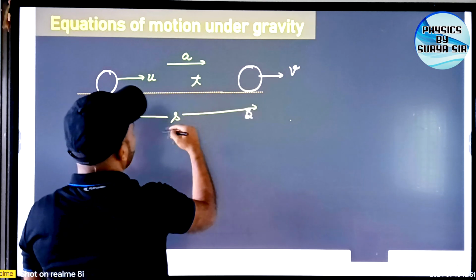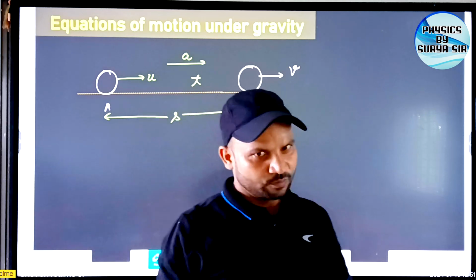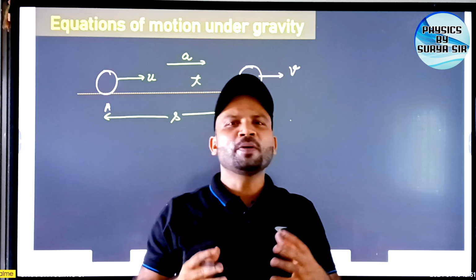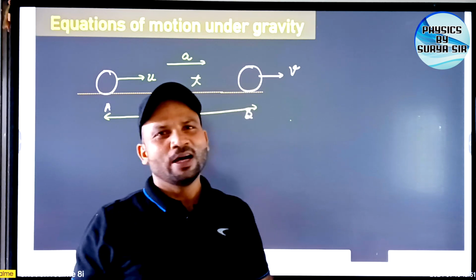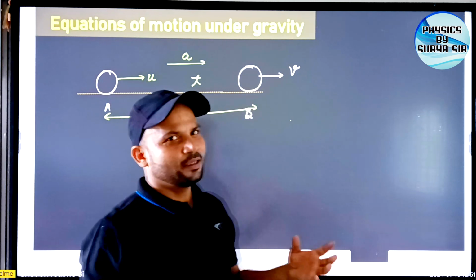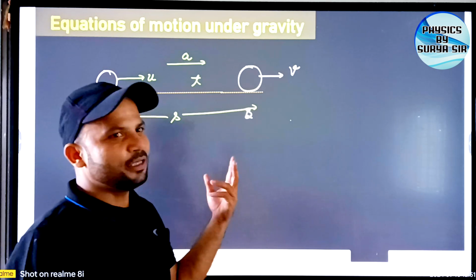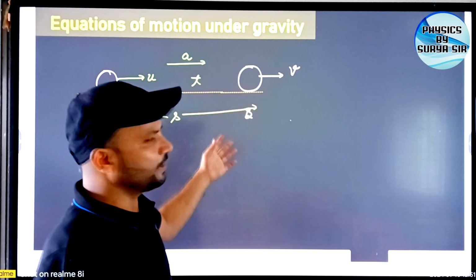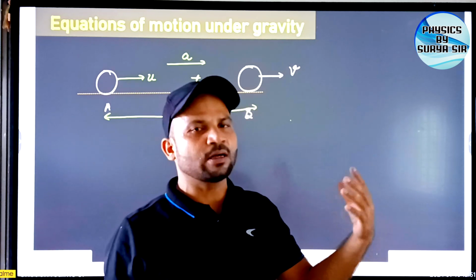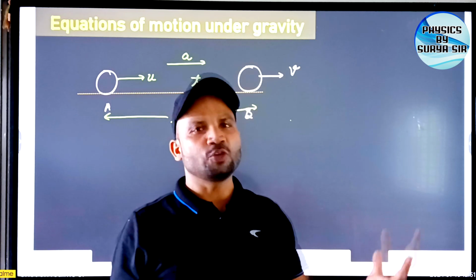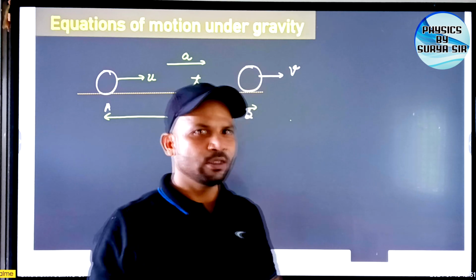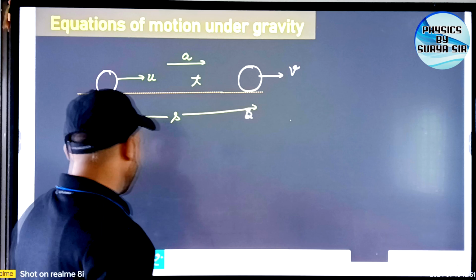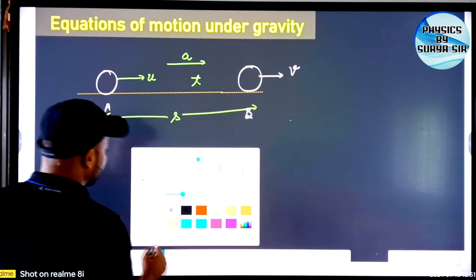acceleration, time, and displacement. So with proper experiments and proper derivations, we have established the 3 important equations, relations between these 5 parameters, and these are called equations of motion, and they were derived by Newton. So that's why these are called Newton's equations of motion, and they are very beautiful equations.